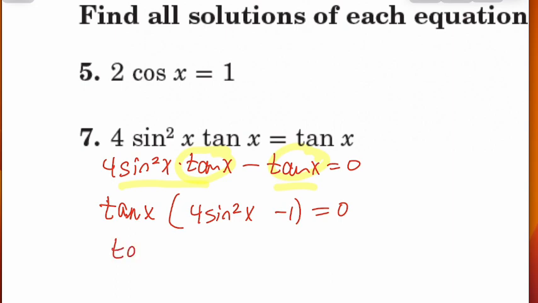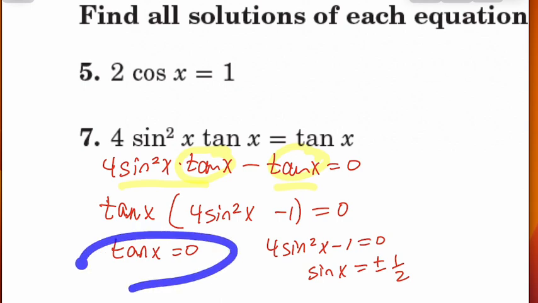Where is the tangent equal to 0? Where is 4 sine squared of x minus 1 equal to 0? This is the difference of squares, so you can split it that way, or you can just solve it. You get the sine of x is plus or minus the square root of 1/4, which is plus or minus 1/2. So then where does this happen on the unit circle? Okay, so that is that.